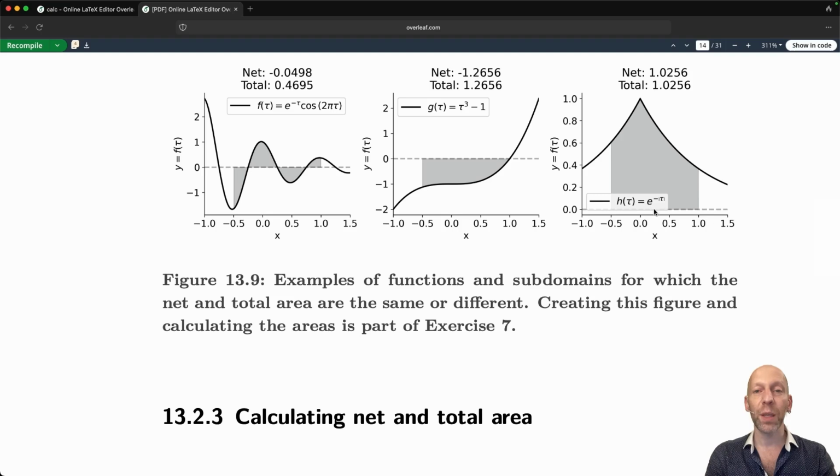In fact, this particular function can only ever have positive values. It never equals 0 and is never negative. But that actually doesn't matter. The range of the function for the entire domain doesn't matter. What we care about here for net versus total area is only what happens in the function within the integration bounds, within these intervals here.